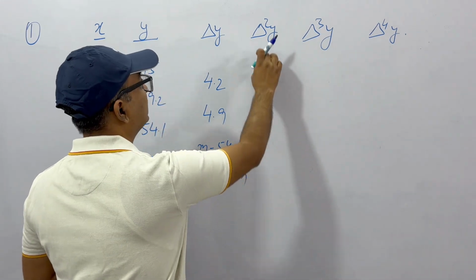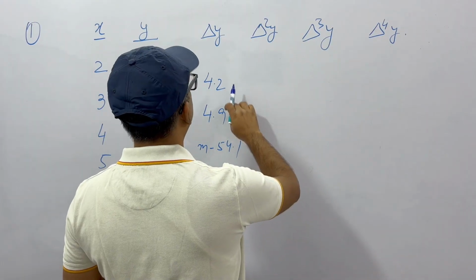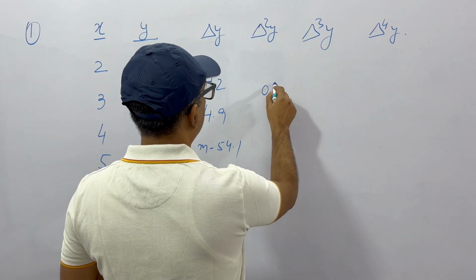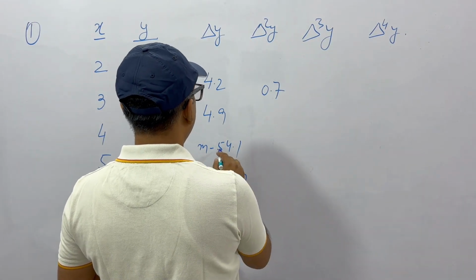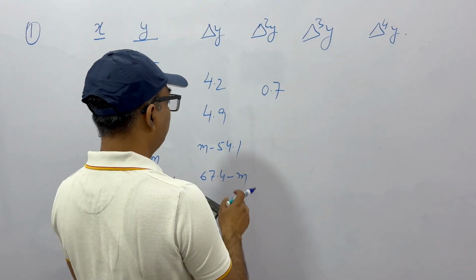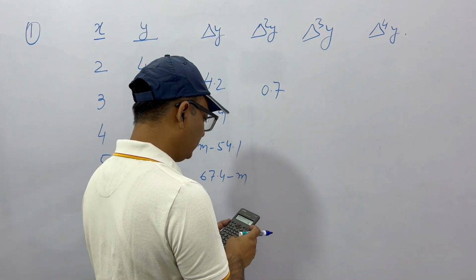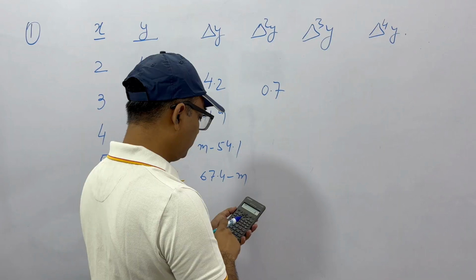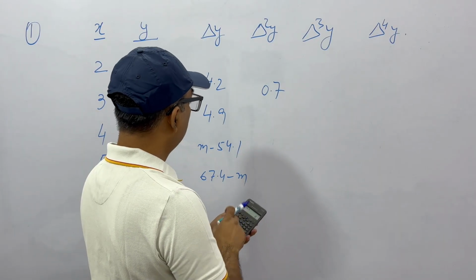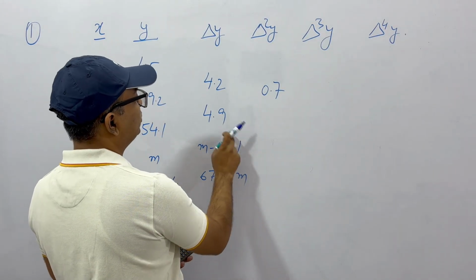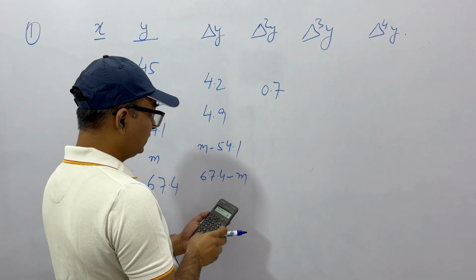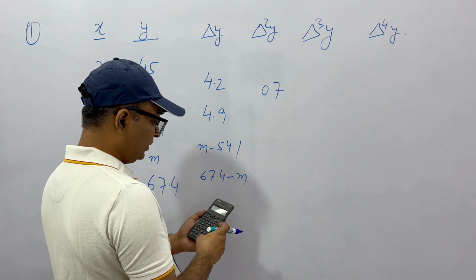Now the second difference, 4.9 minus 4.2, so this is 0.7. Then m minus 54.1 minus 4.9, so these two will be added.